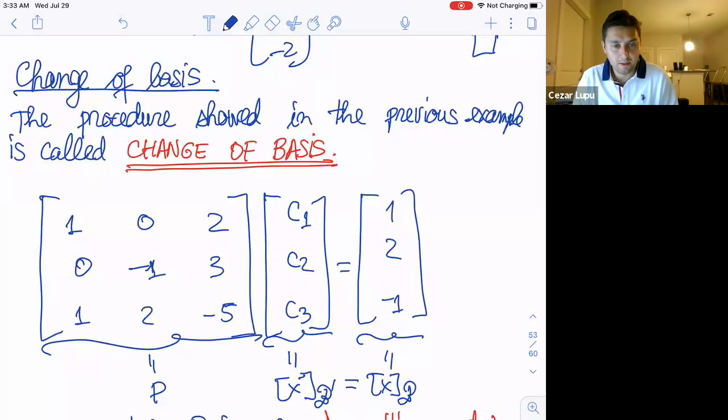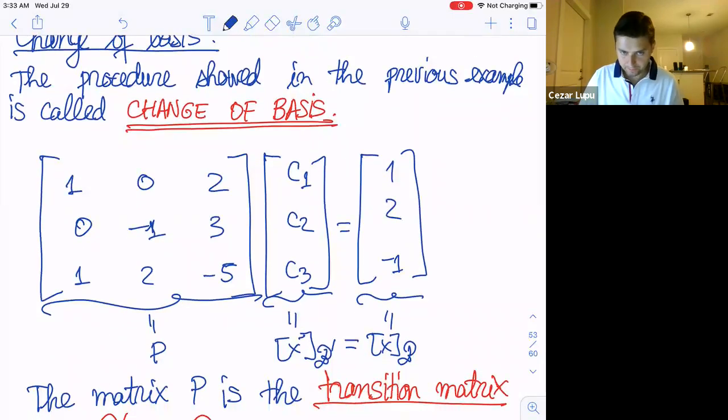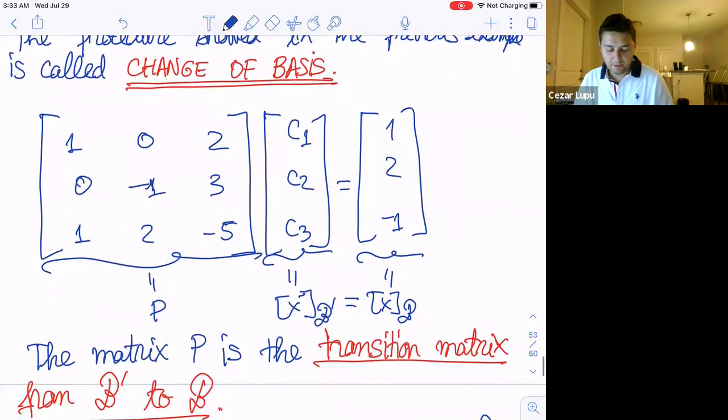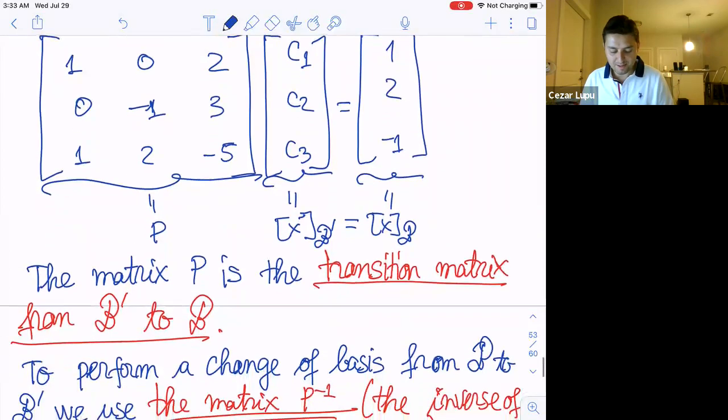And we'll denote this by P. And then I multiply with the vector in the basis B prime, which is C1, C2, C3, and I know that this will be equal to 1, 2, and -1. And again, we'll call this matrix P the transition matrix from the basis B prime to the basis B. That's what it is.